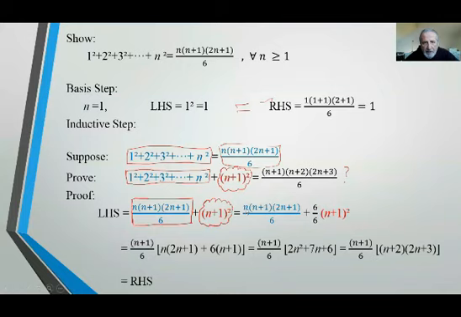From this here, you are left with n(2n plus 1). From this, you are left with 6(n plus 1). You do your math here, and you see that this factorizes as (n plus 2)(2n plus 3), and that is exactly this.